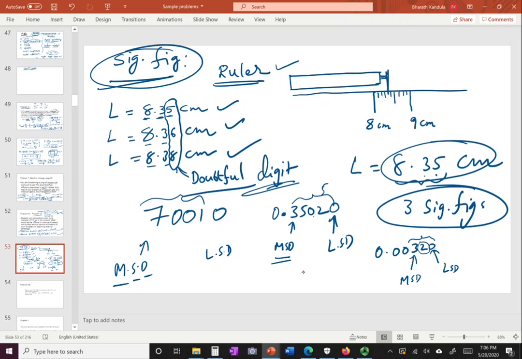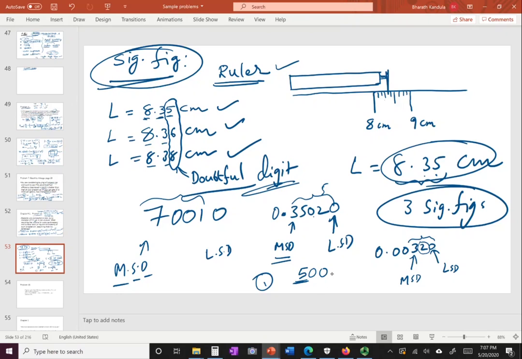Let's consider another example. Suppose you have 500. How many sig figs are there? The leftmost non-zero is 5, so that's the most significant. You see there is no decimal, so you need to look for the rightmost non-zero digit, which is also 5. So 5 is both the most and least significant digit in this number, so there is only one significant figure.